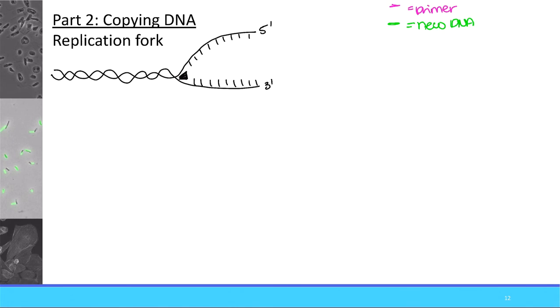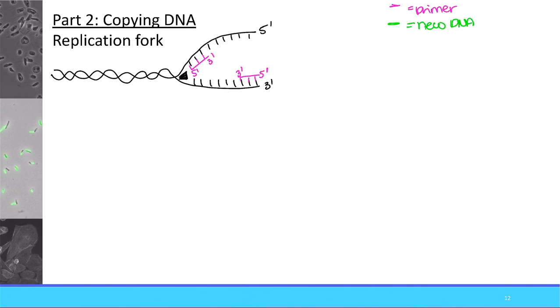So we're going to lay a primer, and again, because of our rules of reading 3' to 5' and synthesizing 5' to 3', we have an RNA primer that is laid from a 5' to 3' direction, and we'll have an RNA primer that is laid in a 5' to 3' direction on the top strand as well.